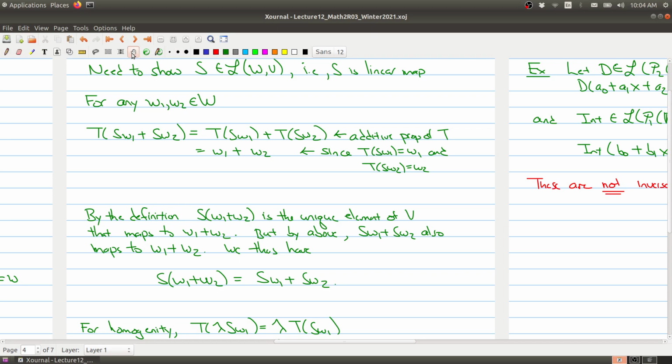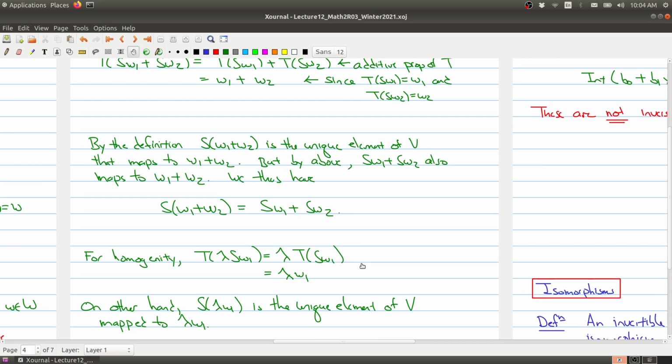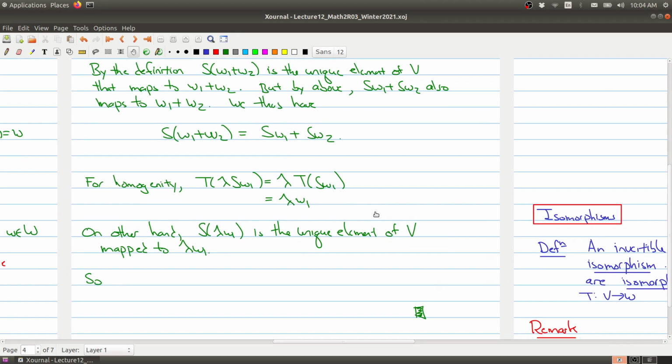So you may have to slow down and go through this proof line by line, but this will hopefully help you. And this only takes care of the additive part. So we're showing that S is an additive function. Now for homogeneity, it basically works the same. We're looking at the element lambda S(w1), and that's a vector in V. We stick it into T because T is a linear map.